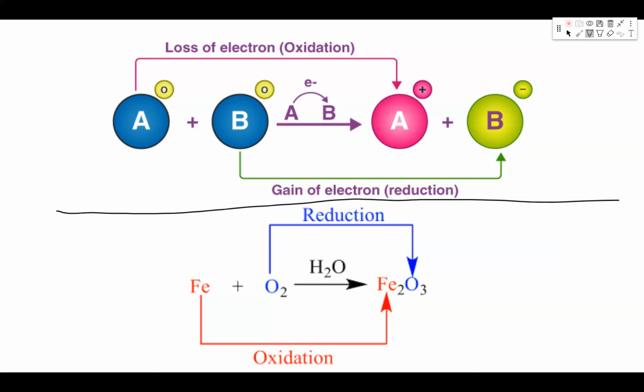We've got reactant A, reactant B. We're going to transfer that electron from A to B. A is going to lose an electron, so it is oxidized. And B is going to gain an electron, so it is reduced.